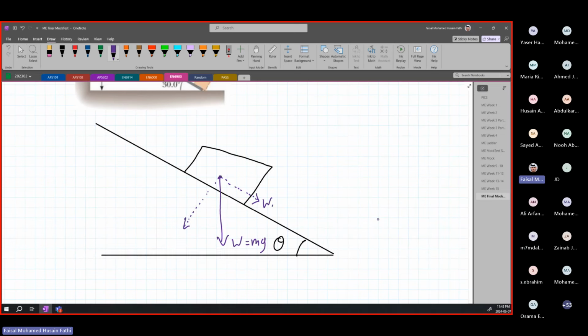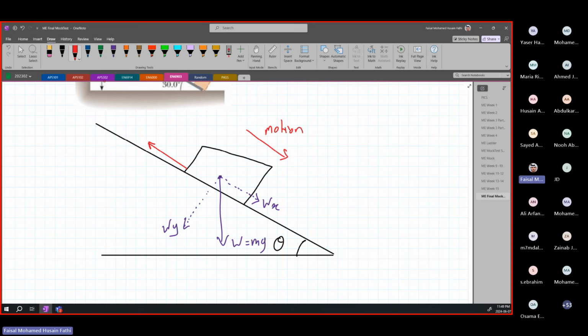You're going to have your Wx over here and your Wy, which are your weight components, because this is at an angle. And since the motion is going in this way, the direction of motion, you're going to have your friction force going in the opposite direction like this.